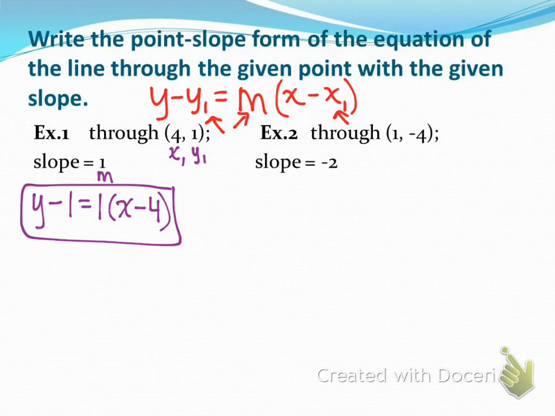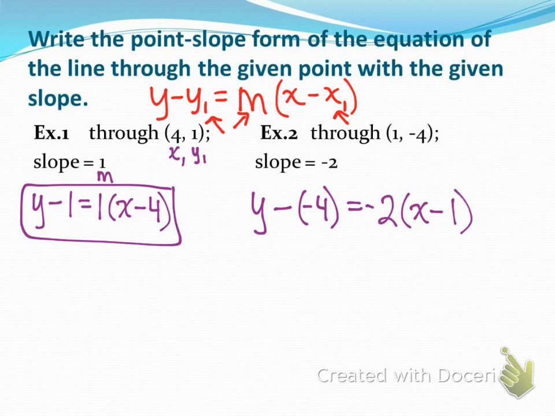All right, we're going to do the same thing on number 2. So I'll just start writing my formula. y minus, what's going in for y1? -4. Now goes my equal sign, m. What goes in for m? -2, parentheses, x minus, what goes in for x1? 1.